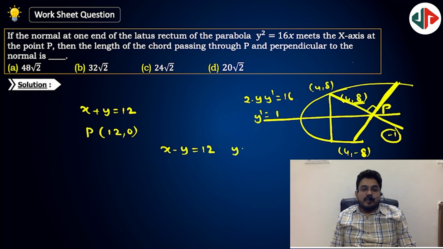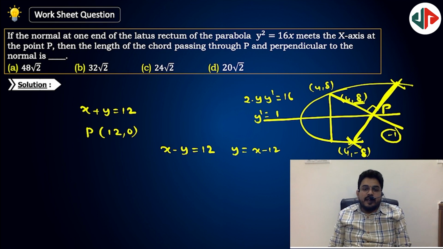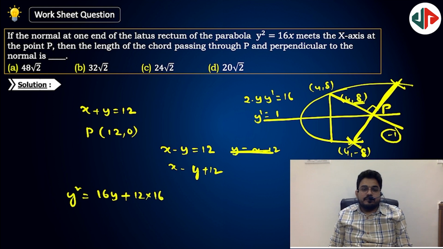So y is equal to x minus 12. So where is it going to meet the parabola at these 2 points? If I write here in y square, x is equal to y plus 12. So if you write that value here, y square is equal to 16y plus 12 into 16.